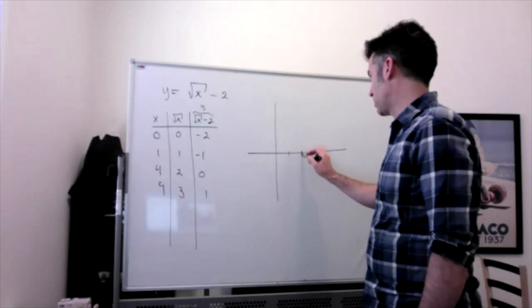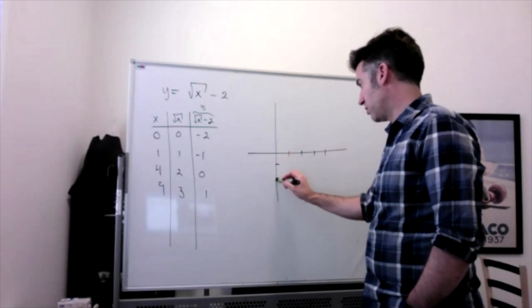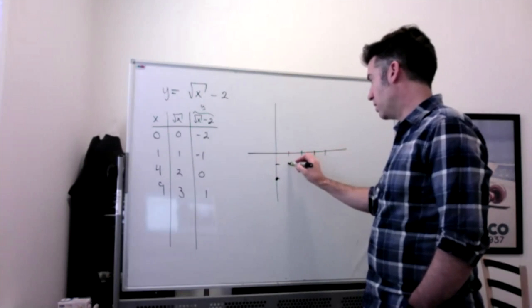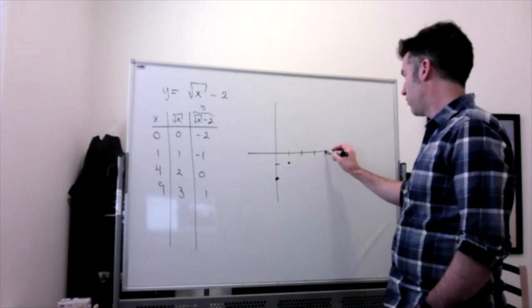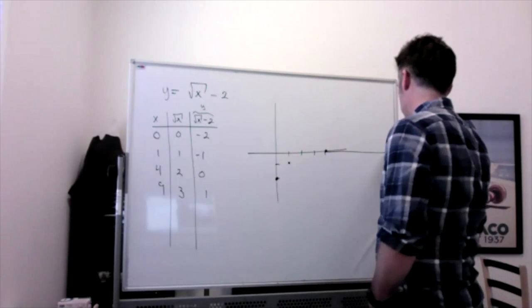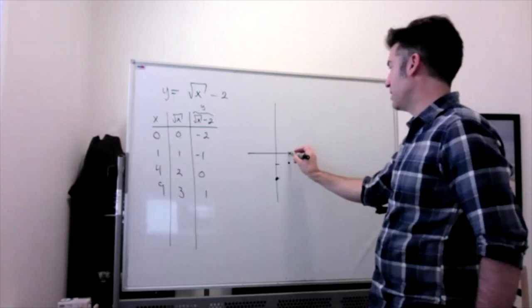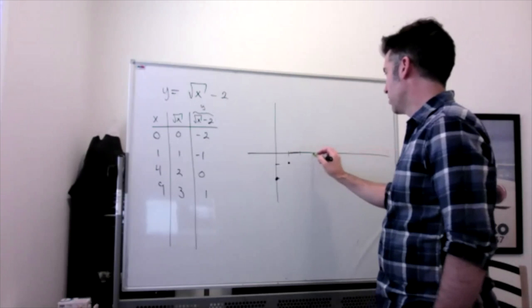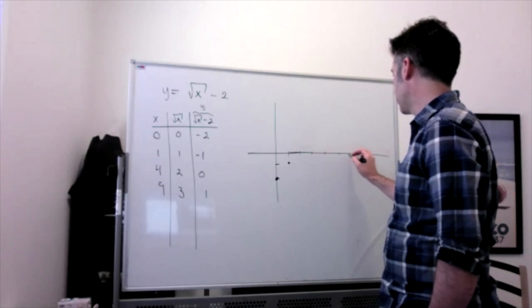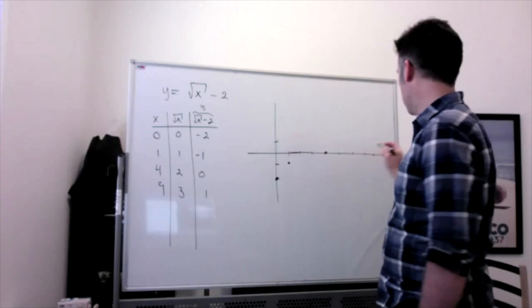Well, that exactly corresponds to a shift of down by 2. So I get the points (0, -2), (1, -1), (4, 0), and sorry, my line there is not straight at all. It's annoying. That's what's so nice about this software, all the lines are straight, unlike my graphs. And then we get (9, 1) way over here.